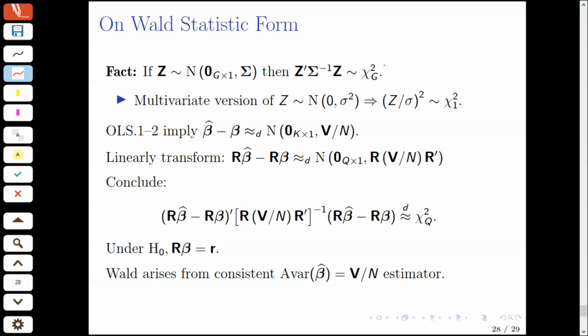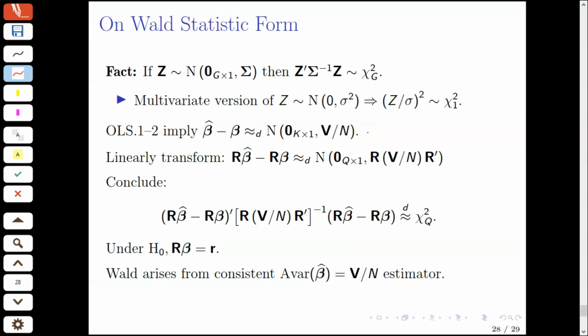Now, our previous normal approximation result can also be used to argue that the difference between the OLS estimator and the parameters we're trying to estimate is roughly normally distributed with 0 mean and variance given by this V over n.